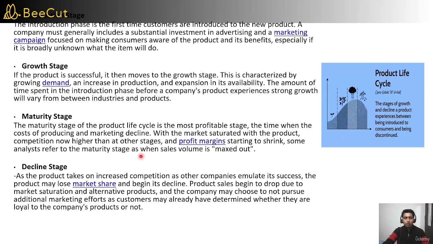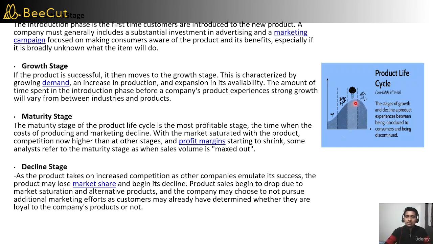Now talking about the fourth stage, which is the decline stage. The product takes on increased competition as other companies emulate its success. If any product is successful in the market, very soon the competitors will copy it. When they copy it, they may use a strategy of low cost margin, or the market share gets divided when they also launch a similar product.